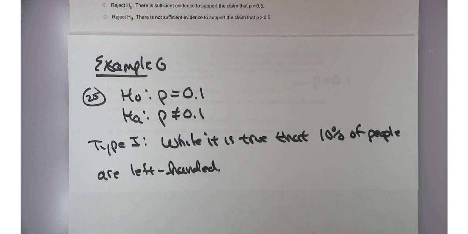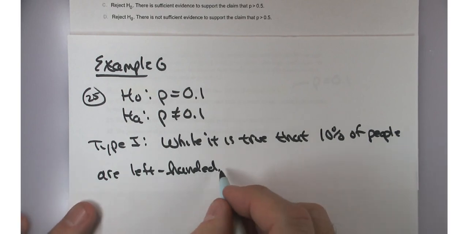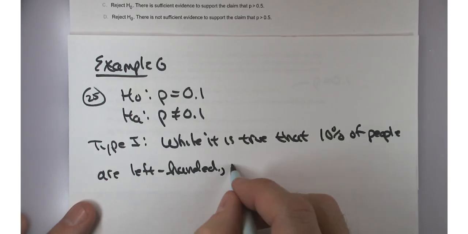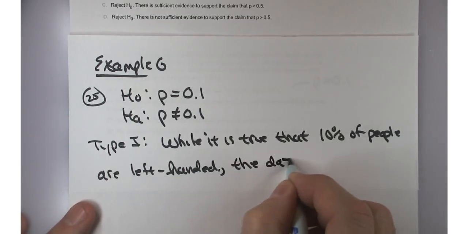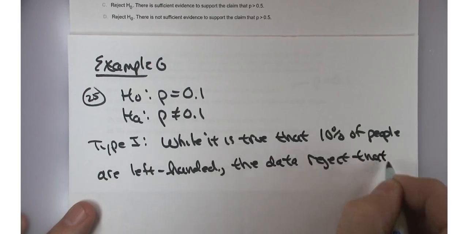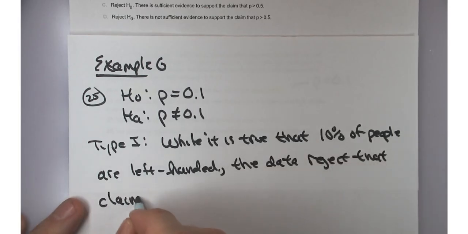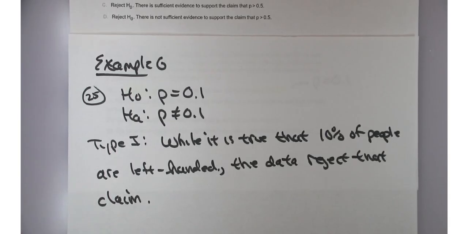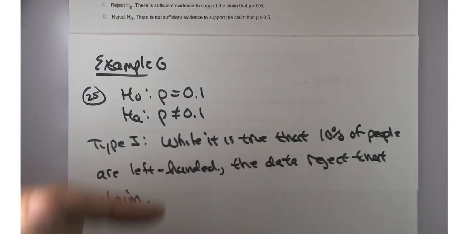It's true. So while it's true that 10% of the people are left-handed, the data reject that claim. So that's stating what our decision was in the face of this right here.